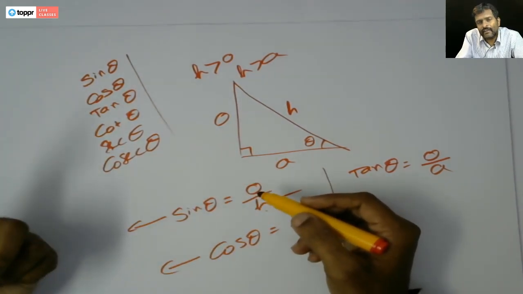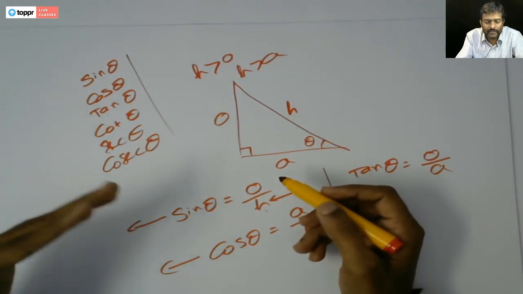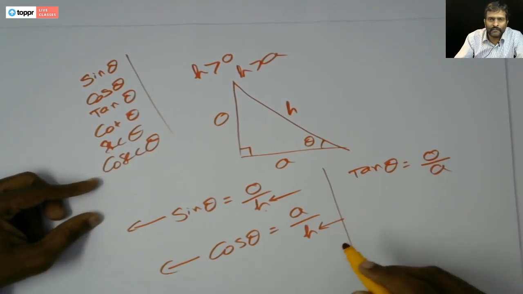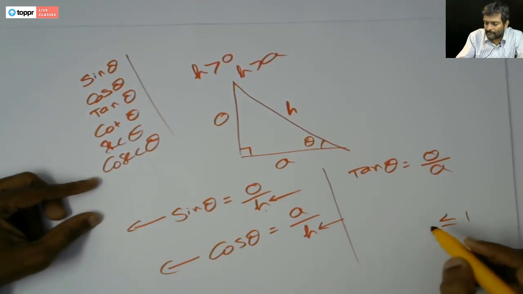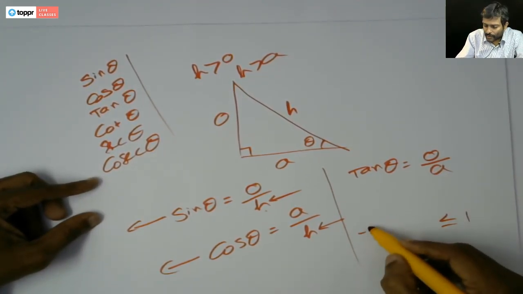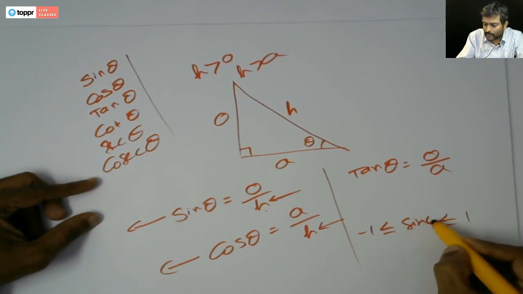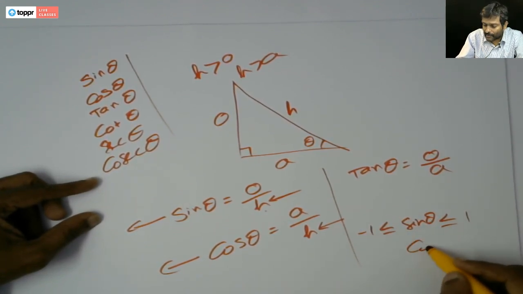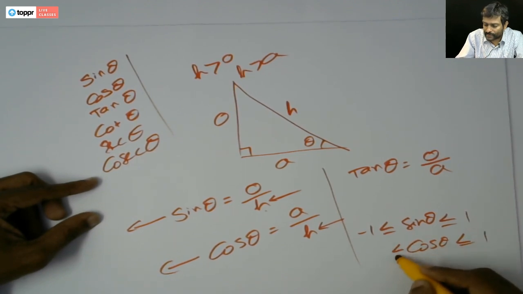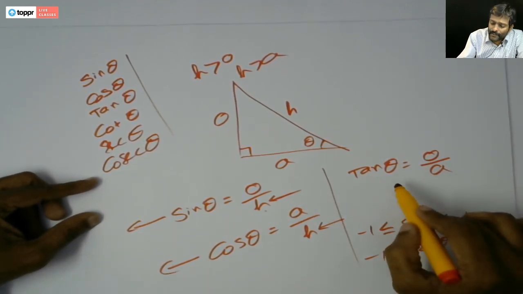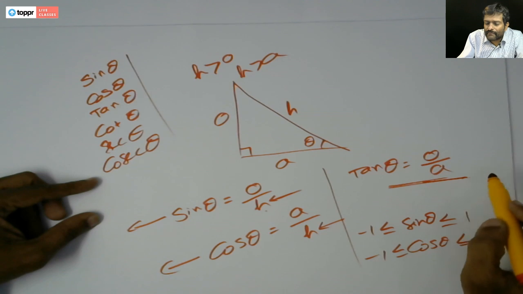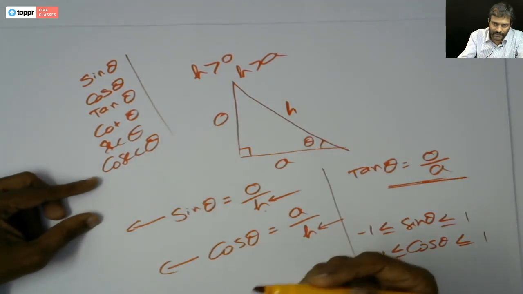That's why sine and cos are called bounded functions, because they cannot go beyond the values of 1 and minus 1. These trigonometric ratios lie in between 1 and minus 1. But when you talk about tan theta, we are never sure whether the opposite side will be longer.